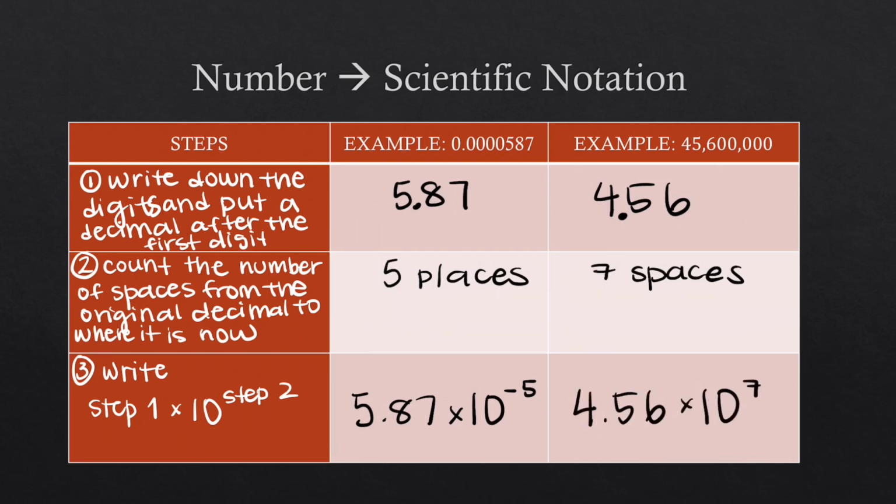The reason we have 10 as that base is that tens have that property that shows us how many spaces from the decimal it is. So every time I have that exponent, it's showing me how many times I've shifted from the original decimal place. We're basically using the tens property of exponents to cut down the amount of writing we do, since it's just telling us how many places to move the decimal.